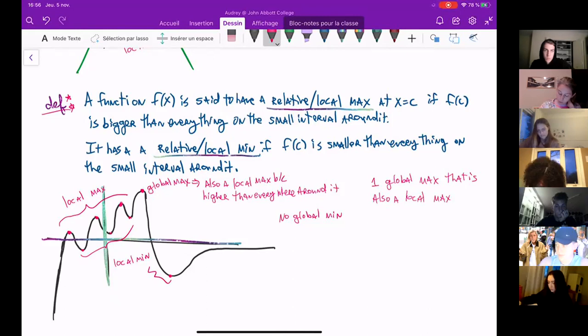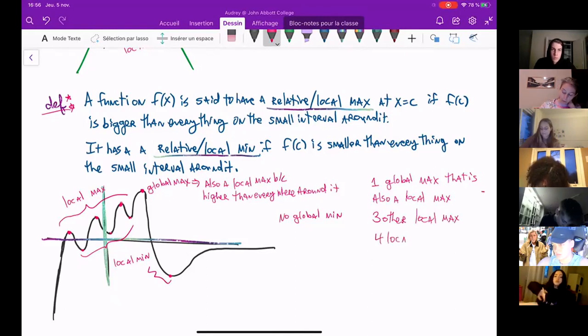I have 3 other local max. And I have 4 local min. And what is the derivative at every single one of these? 0. 0. 0. There is a horizontal tangent line at every single one of these.